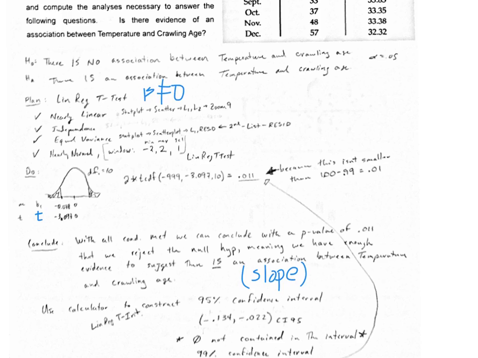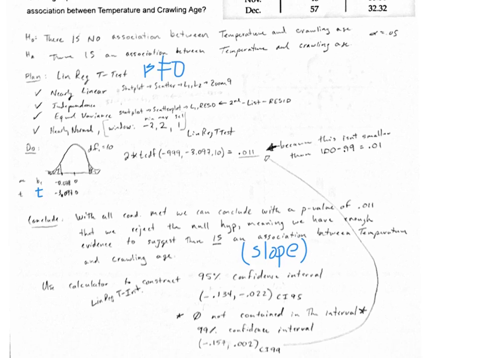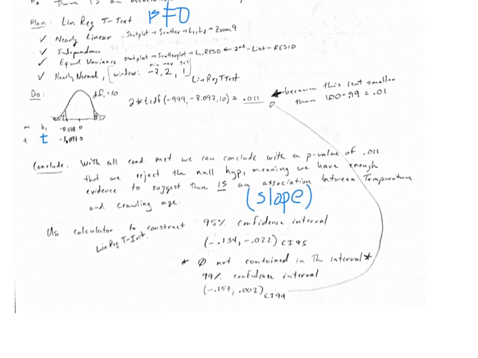I just came up with this extra part just because it'd be useful to talk about since we're here. But I just noticed that this p-value is 0.011. That's pretty low, but keep in mind if our alpha level was 0.01 instead of 0.05, we would fail to reject, barely.